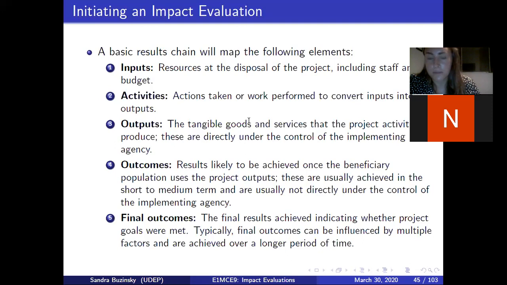These are given to the treatment group. And then our outcomes are the results likely to be achieved once the treatment population has used these outputs. They're usually achieved in the short to medium term, and we can't directly control the outputs or outcomes.